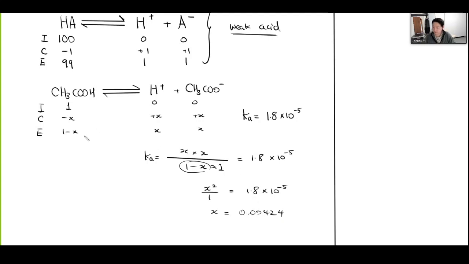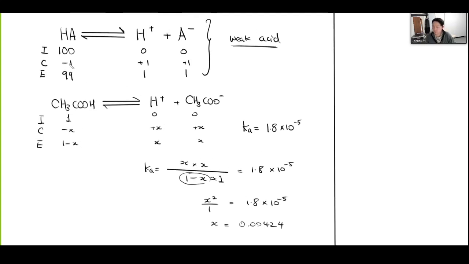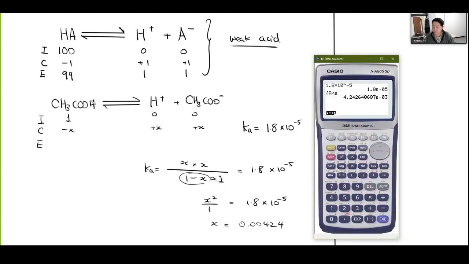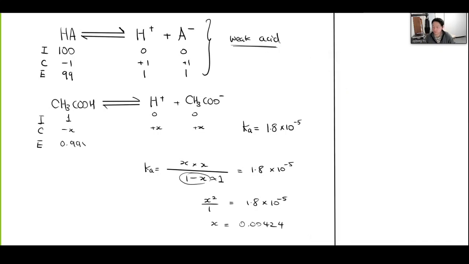Which means, so I gave you this example, like 100 becoming 99, right? So in fact, for this particular weak acid, if you have got 1 mole of the weak acid, let's do 1 minus the answer. You get 0.9958. Okay, and then you're going to have 0.0042.